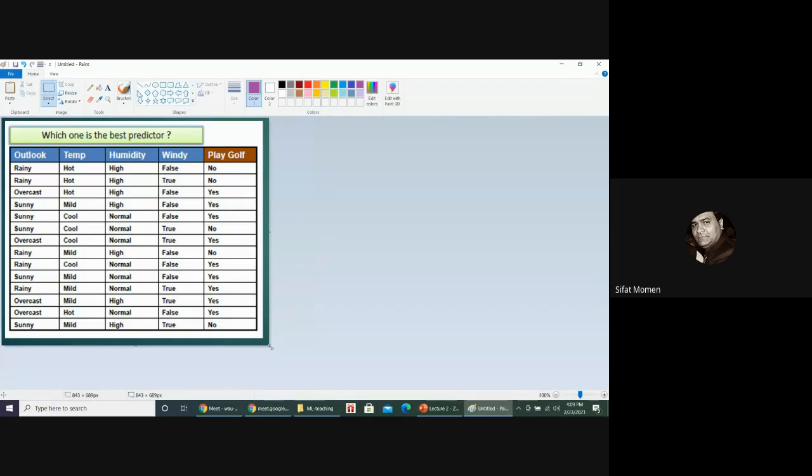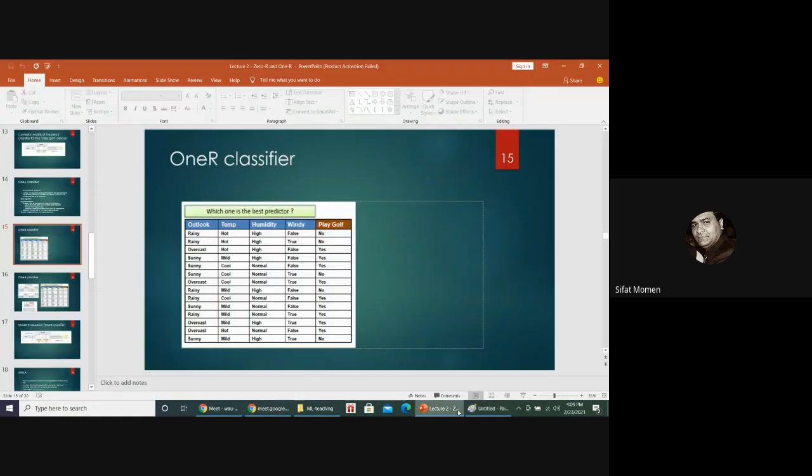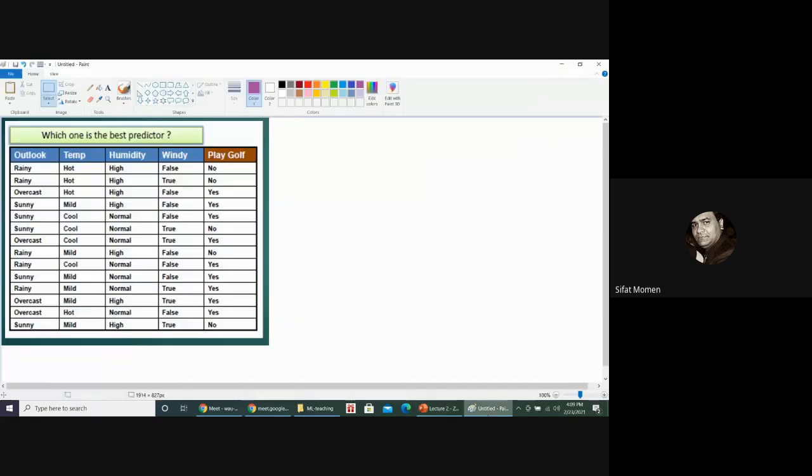Gotcha. So you want to see what would be the accuracy, right? Finally, when we did this, which predictor became the winner? Outlook, sir. We chose Outlook. Both Humidity and Outlook were the best candidates, but we selected Outlook, right?